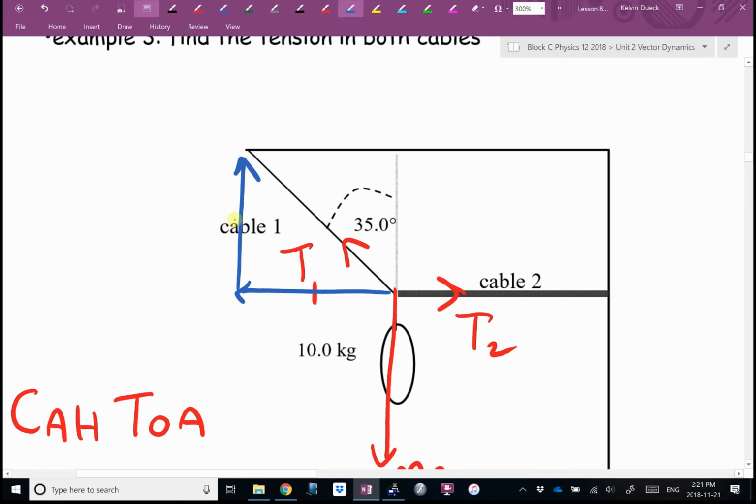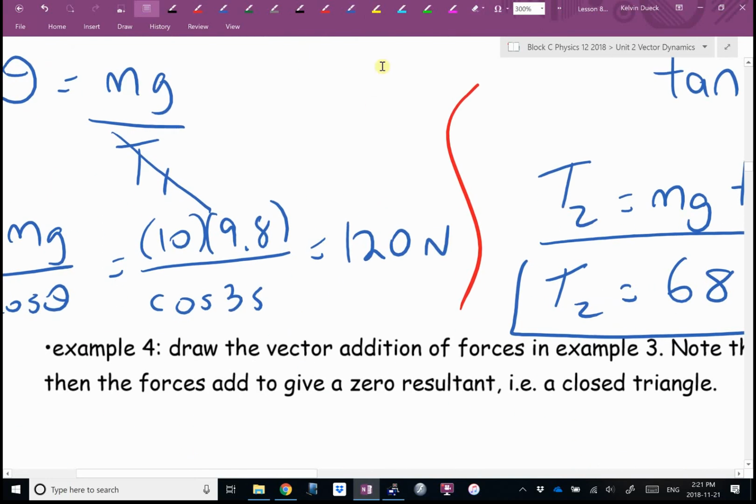You could have realized that these two are the same size, and so you would know how big this vertical component was by going, it's equal to mg. You would go 10 times 9.8. Oh, this is 98 newtons. And then from that angle, you'd be able to figure out how big this had to be and how big that had to be. I don't think it's faster. I kind of like this.